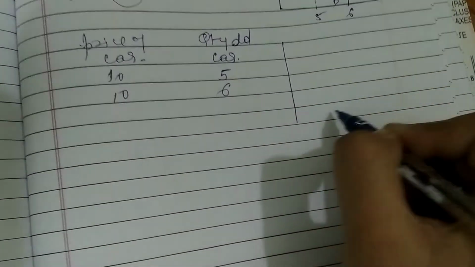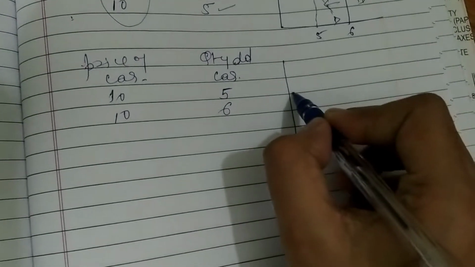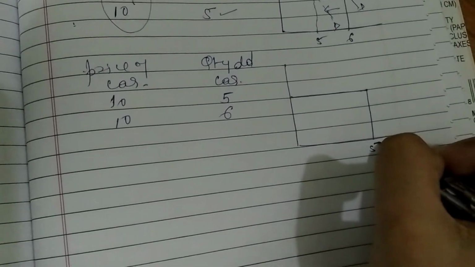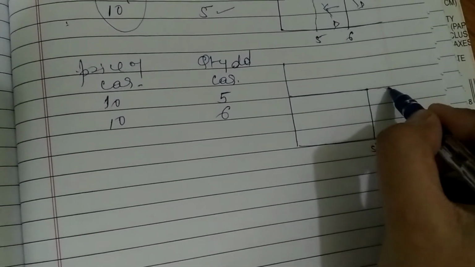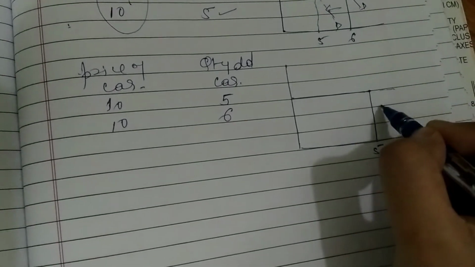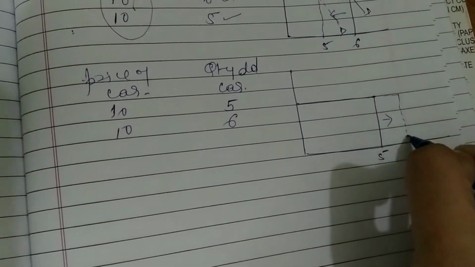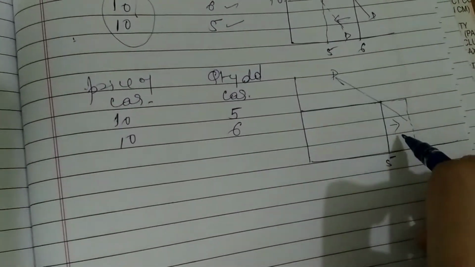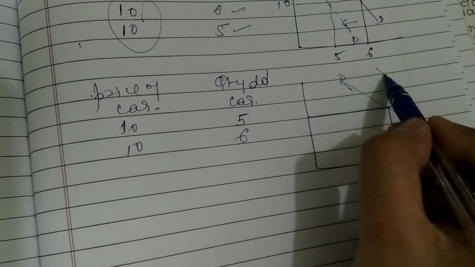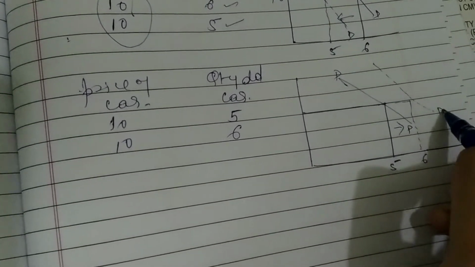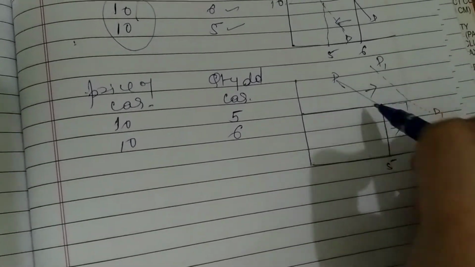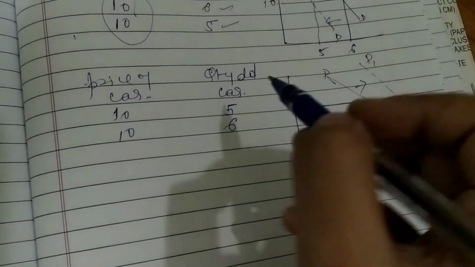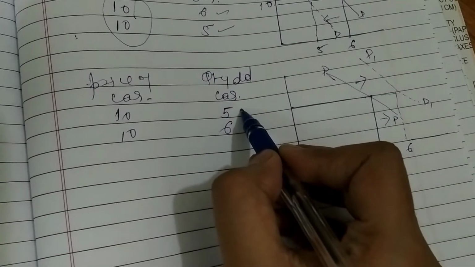Diagrammatically, if we see, when the price is rupees 10, its quantity demanded is 5 units, and at the same price, demand increases from 5 to 6 units. DD is the initial demand curve, and D1 is the new demand curve. So demand curve shifts rightward because there is an increase in demand of car.